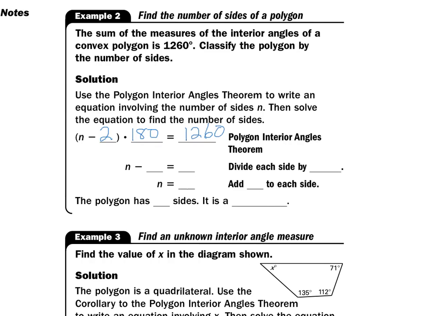We're going to divide each side by that 180 to get n minus 2 is 7. And then we're going to add 2 to both sides, so n is 9. So the polygon has 9 sides. So it is called, if you remember, a nonagon. It's an N here. Nonagon.